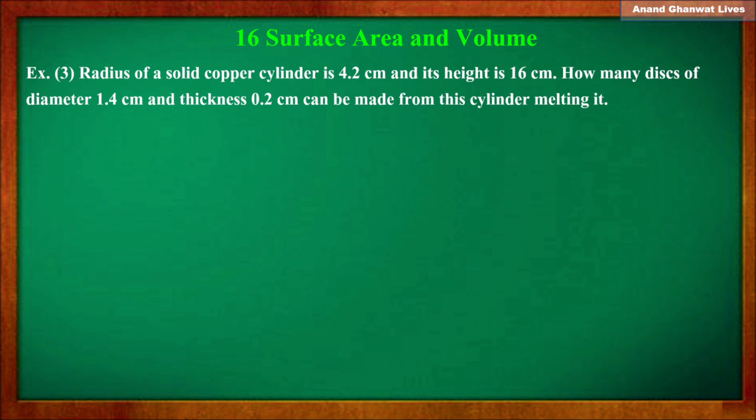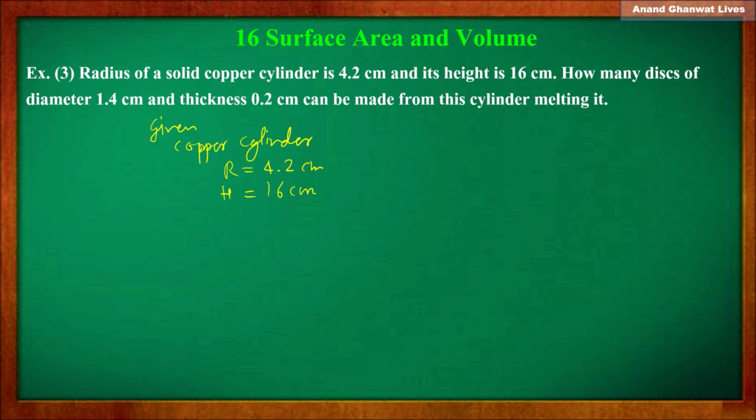Okay, so we have a copper cylinder which is cylindrical in shape. So given information for the copper cylinder: its radius is 4.2 centimeter and its height is 16 centimeter.